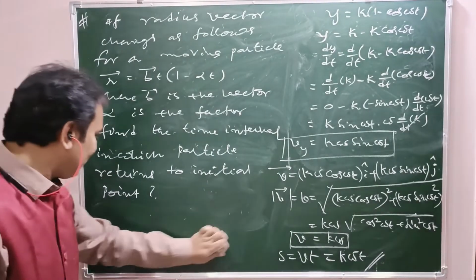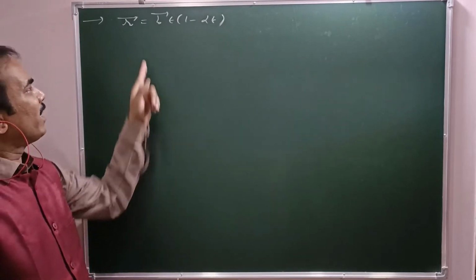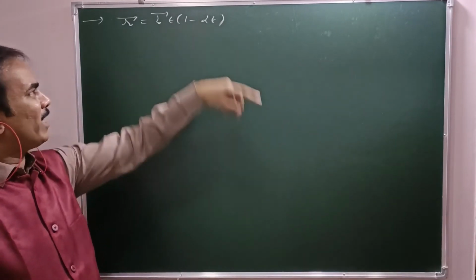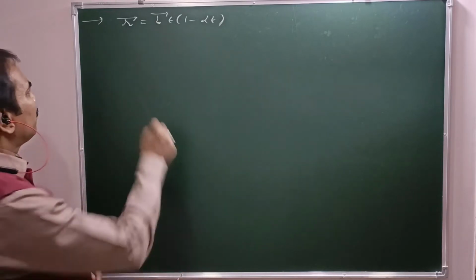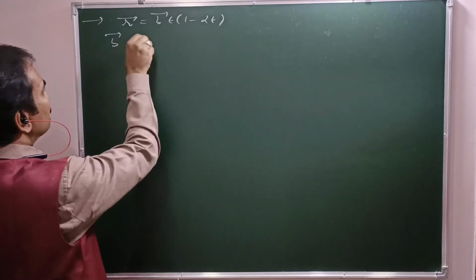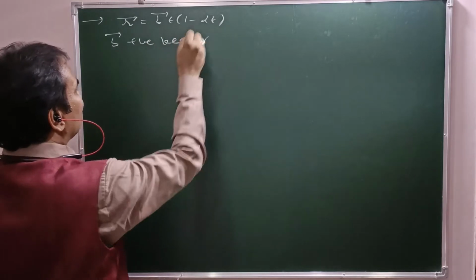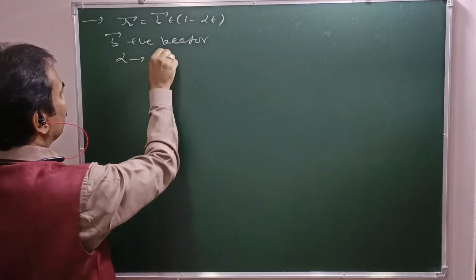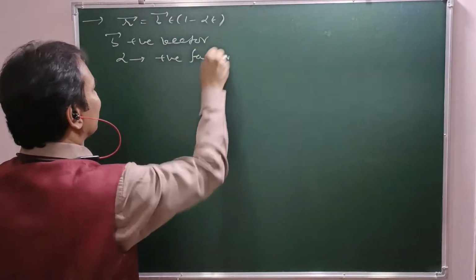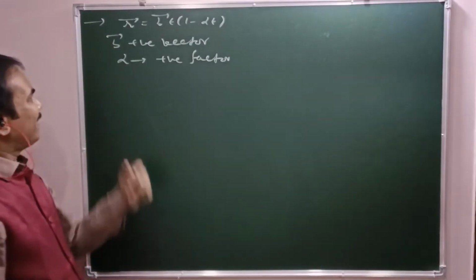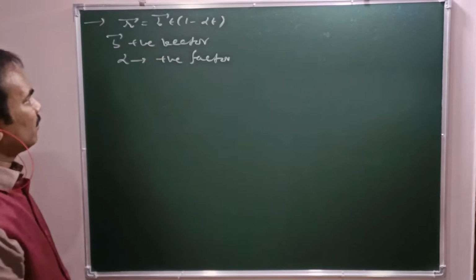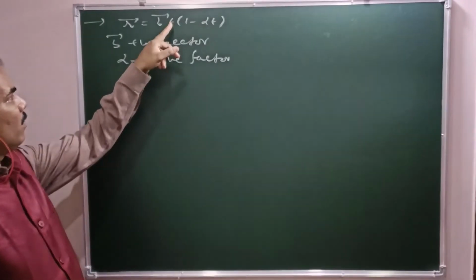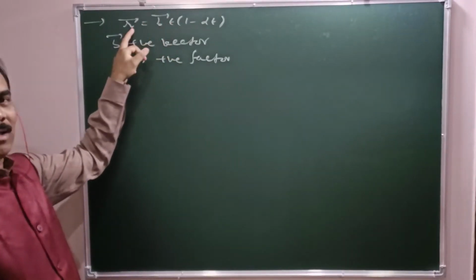Okay, here r bar equals b bar t of 1 minus alpha t, where b bar is a positive vector and alpha is a positive factor. This is the data, am I right? Here, when t equals 0, what about r bar? It must be 0.